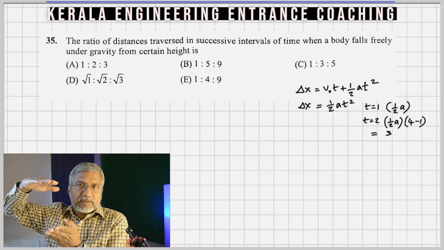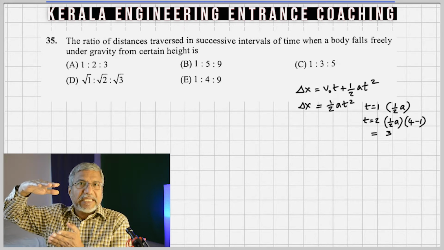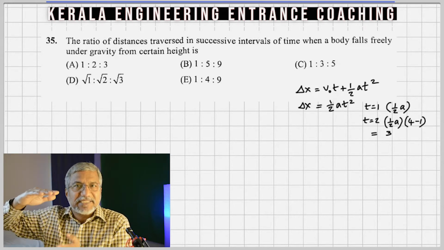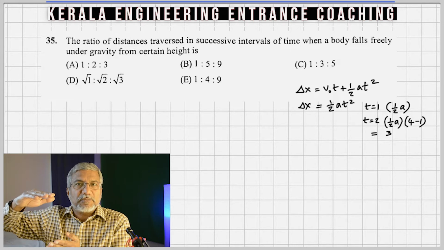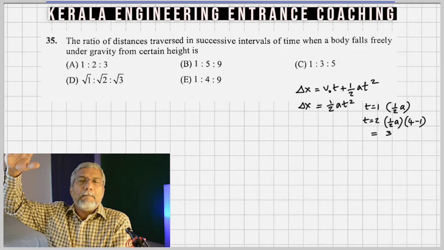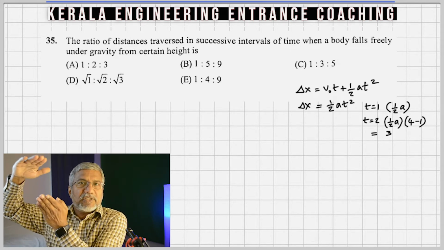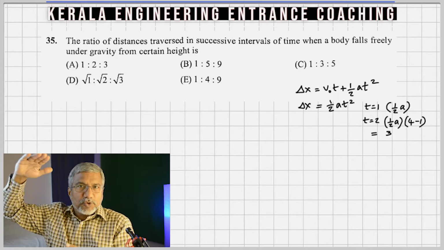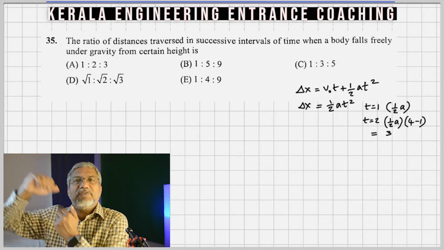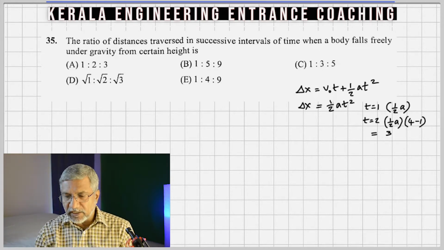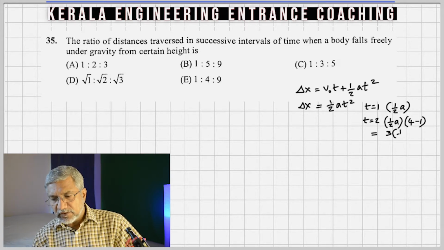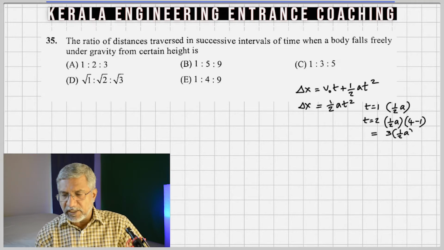So to find out how much it traveled in the second, you will have to subtract the total minus what it traveled in the first second. Are you with me? Total minus what it traveled in the first second. That's why I subtracted 1. So you're going to get 3 times half a.